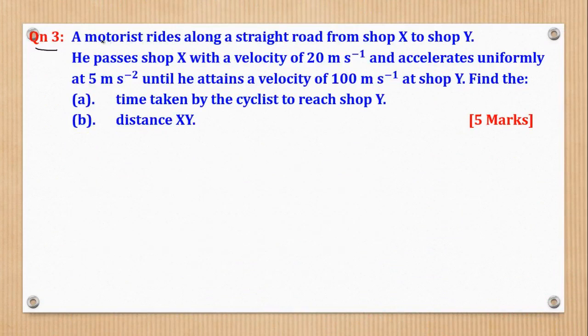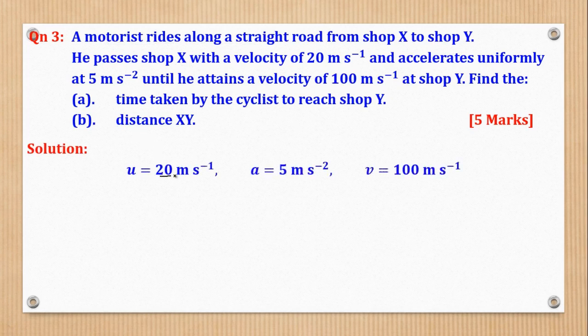Then question 3, a motorist rides along a straight road from shop X to shop Y. He passes shop X with a velocity of this and accelerates uniformly at this until he attains a velocity of this at shop Y. Find part A, the time taken by the cyclist to reach shop Y, and part B, the distance XY. We know the initial velocity, acceleration and final velocity.